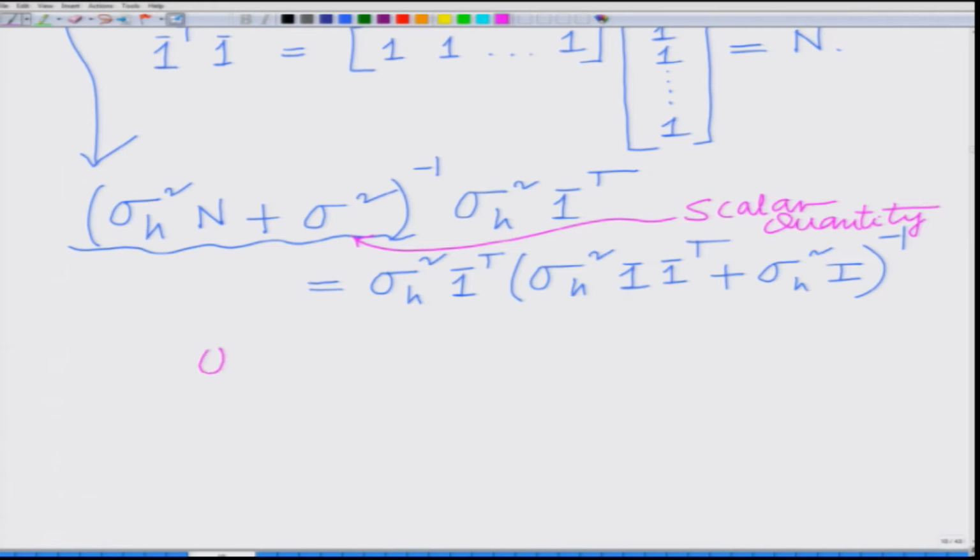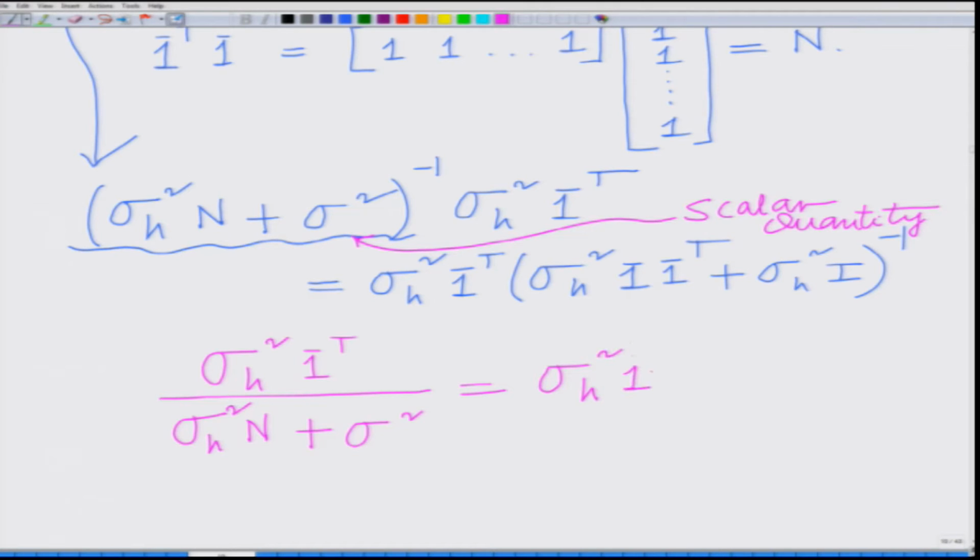And therefore, we have sigma h square divided by sigma h square n plus sigma square, which is equal to sigma h square 1 bar transpose times sigma h square 1 bar transpose plus sigma square identity inverse.